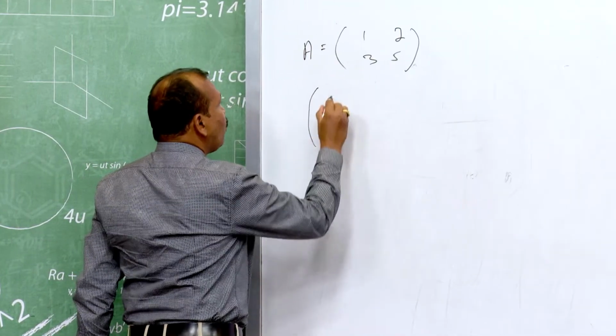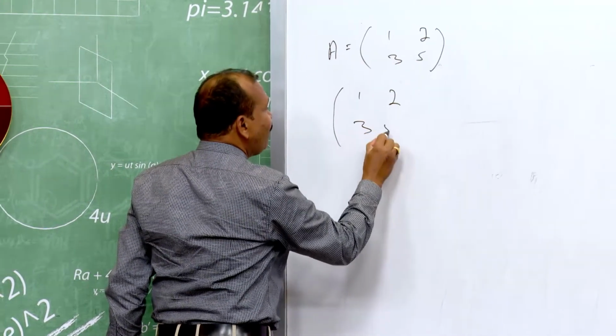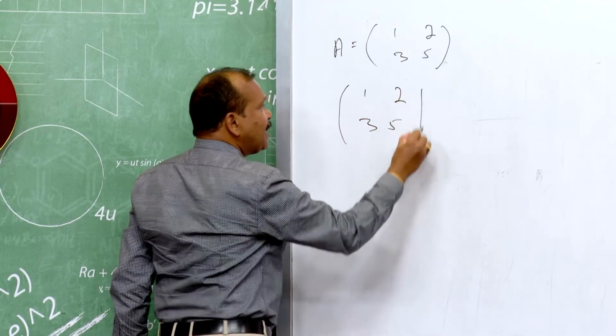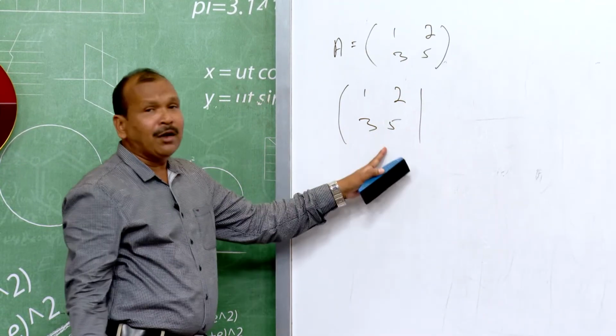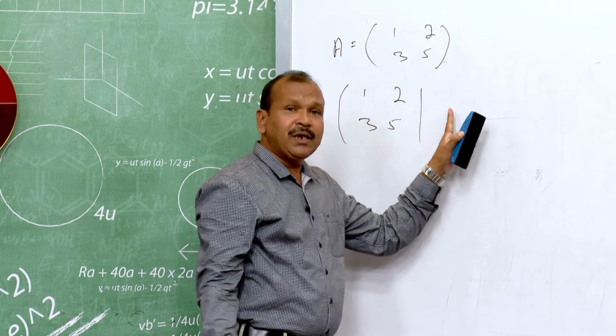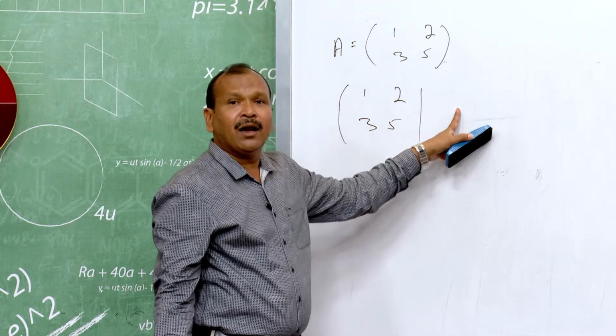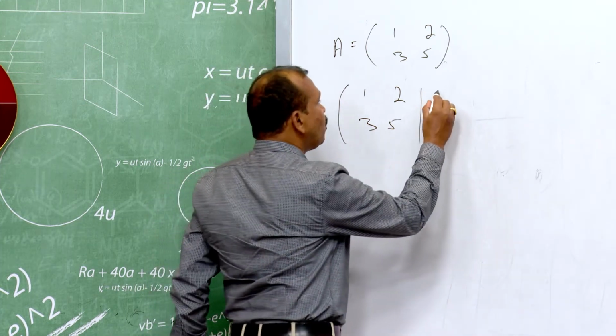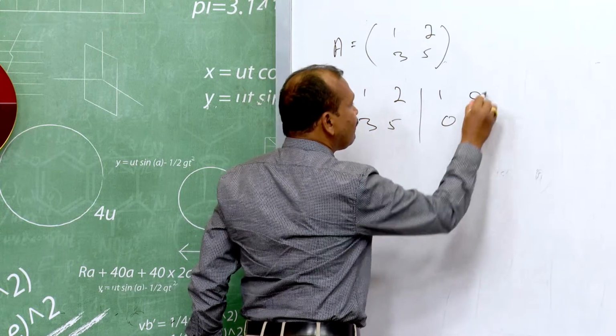We write 1 2, 3 5. Here we write the unit matrix. This is a second order matrix, hence here we write the second order unit matrix, that becomes 1 0, 0 1.